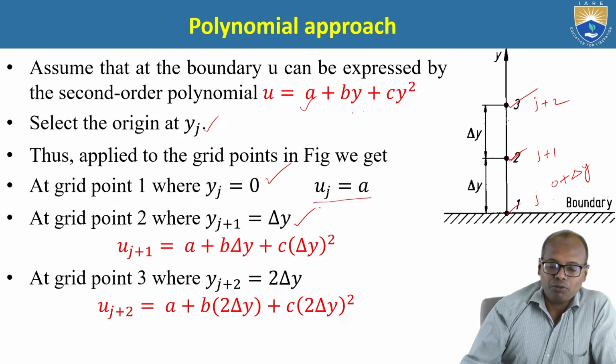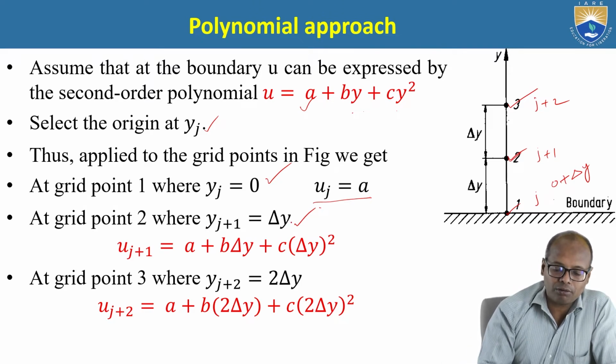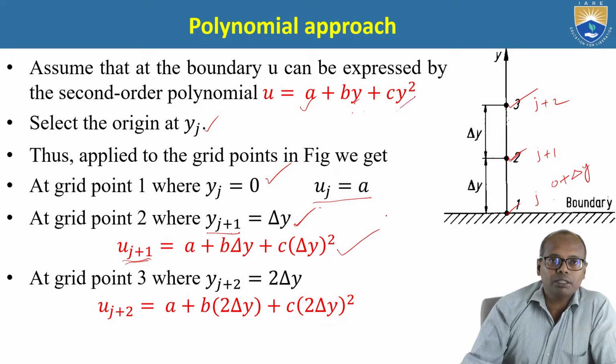Substituting this delta y in the equation, I will get uj plus 1, because we are using yj plus 1. At j plus 1 the value of y is delta y, so it will be b delta y and c delta y square. The equation will be like this.